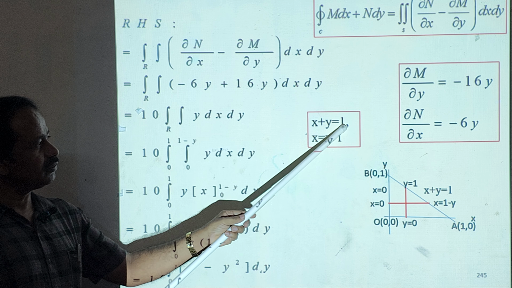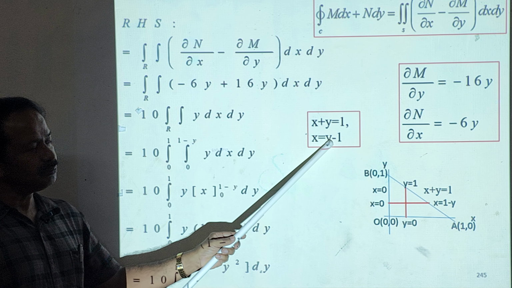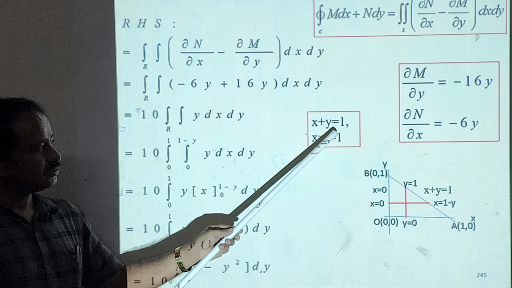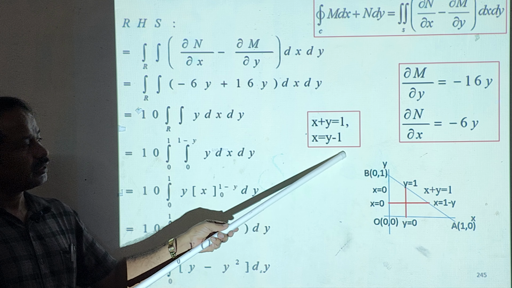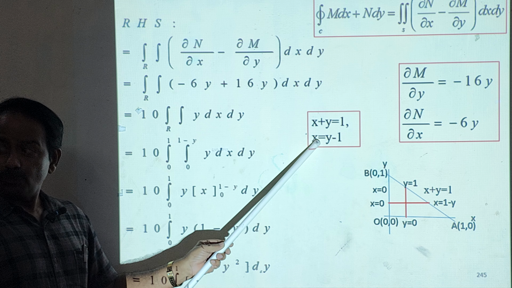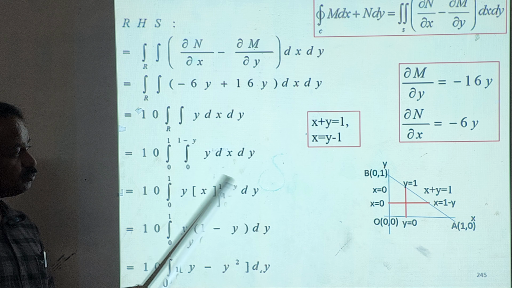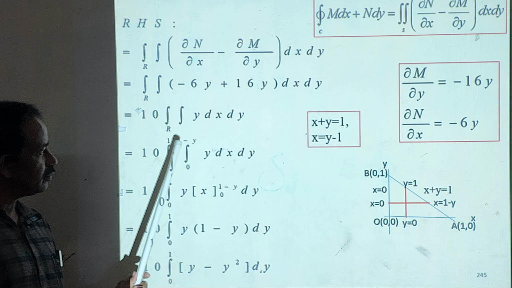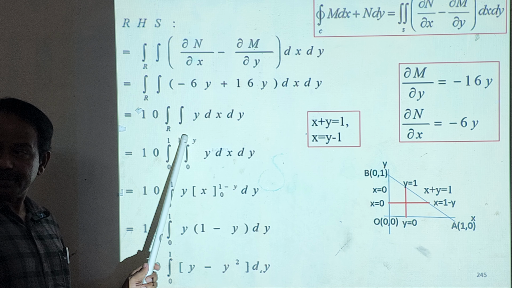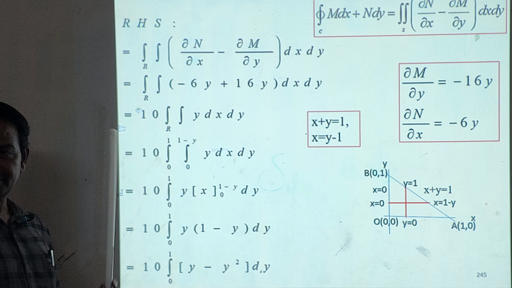This is x plus y equal to 1. So your x will be 1 minus y. It is not y minus 1. So that's a mistake here. Okay. It is x plus y equal to 1. So x equals 1 minus y. So x goes from 0 to 1 minus y. X has a limit 0 to 1 minus y. Y has a limit 0 to 1.